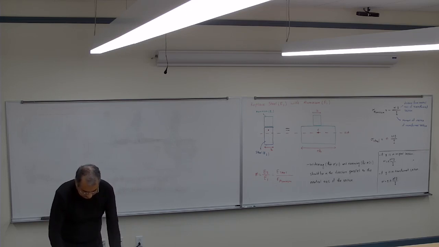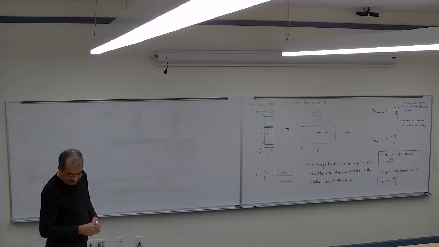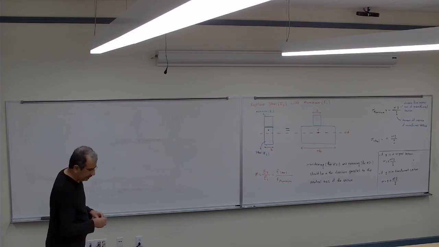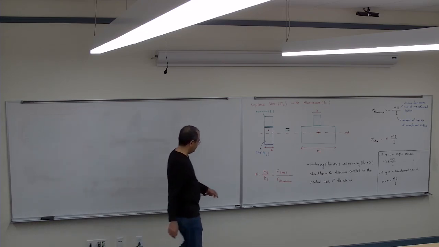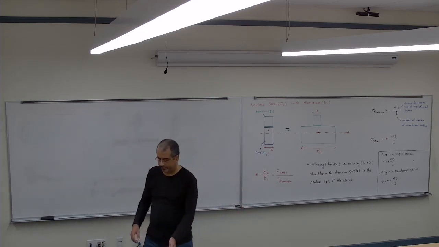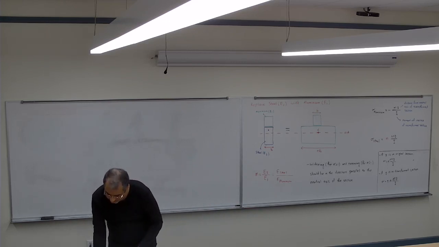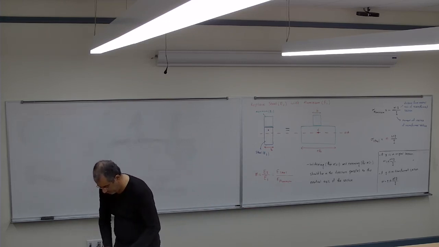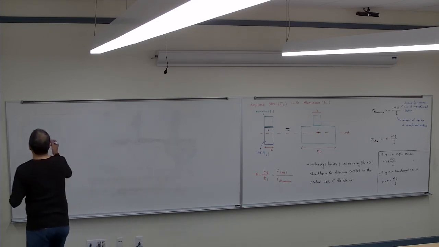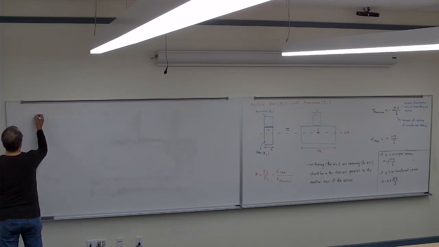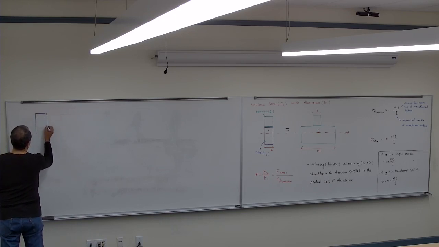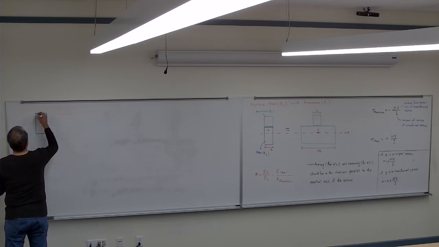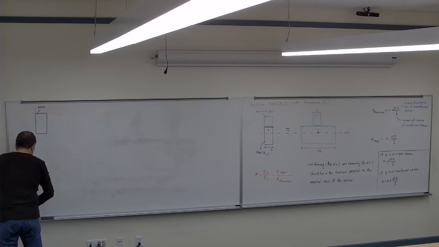So if we have a cross section made of steel and brass, so a cross section made of two materials. The steel in the center. Brass on the side.